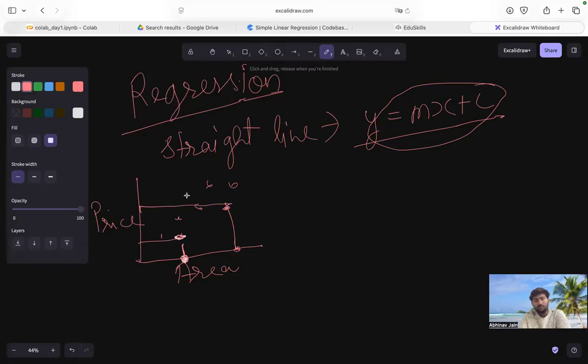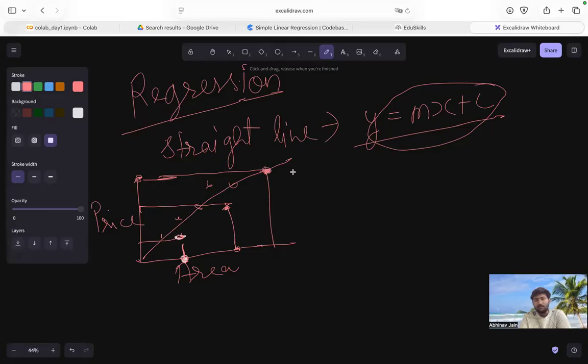You are given some points. Now for some random point, you are given the area and you have to decide what the price would be. How will you do it? You will think, let's draw a line from here to here, and it should capture the price near to this.